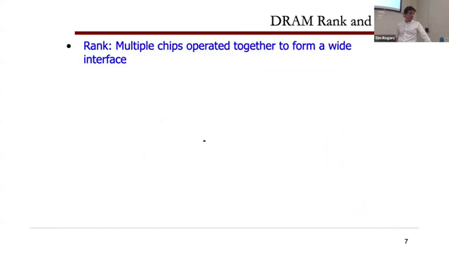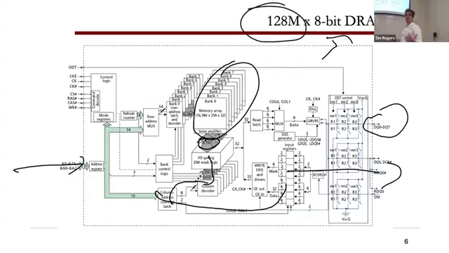Okay. So what is a rank? A rank is simply a grouping of multiple chips together that form a wide interface. Each chip's size is really determined by manufacturing details, right? I would want more than 8 bits on any cycle, but I can't do that in a cost-effective way.